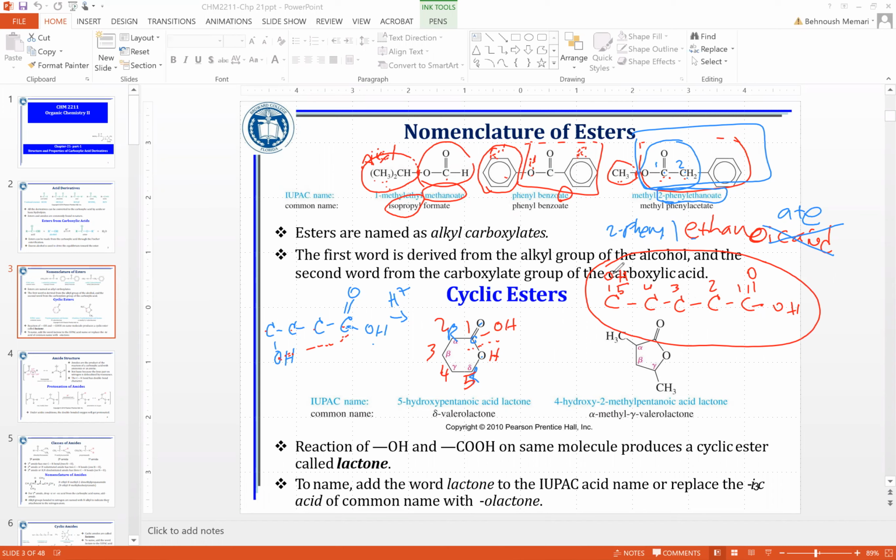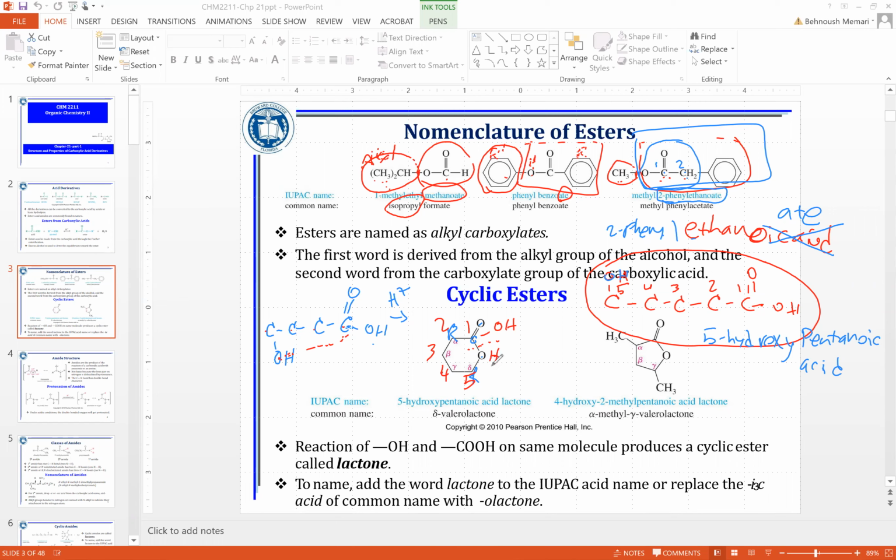you have OH group on carbon number 5, so it's going to be 5-hydroxy pentanoic acid. That's what we have, pentanoic acid. That's for open chain.